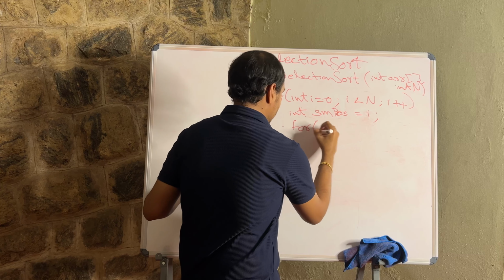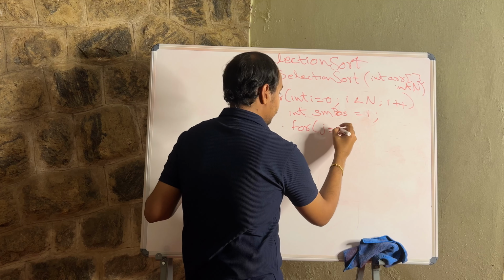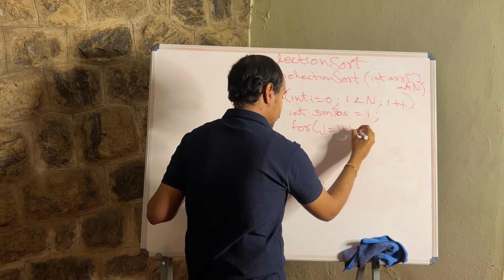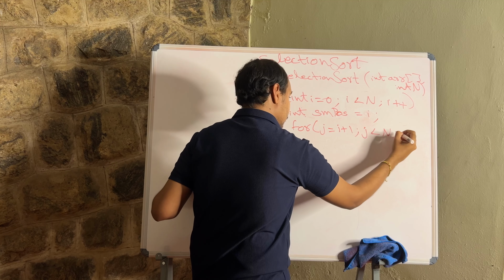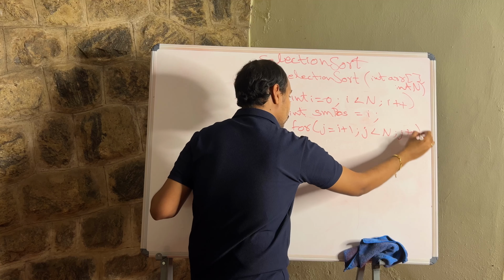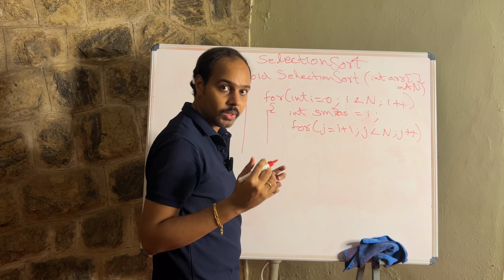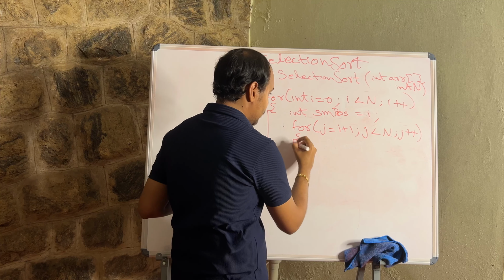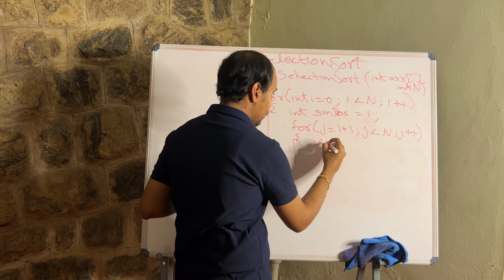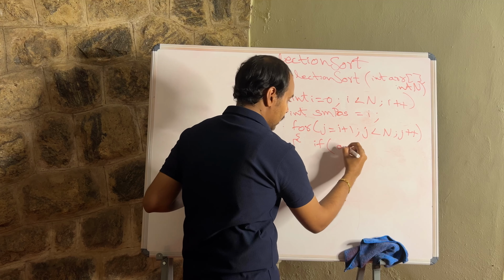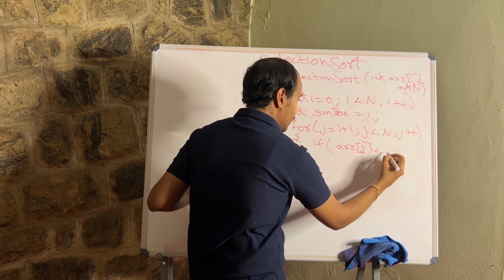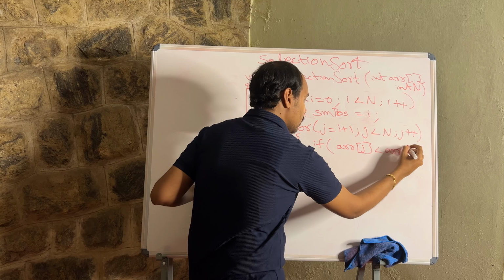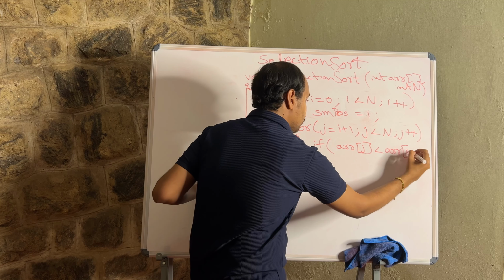For j equal to i plus 1, j less than n, j plus plus. We go till the end to see which is the smallest element. And every time we will check if current element arr of j is less than arr of smallest position.